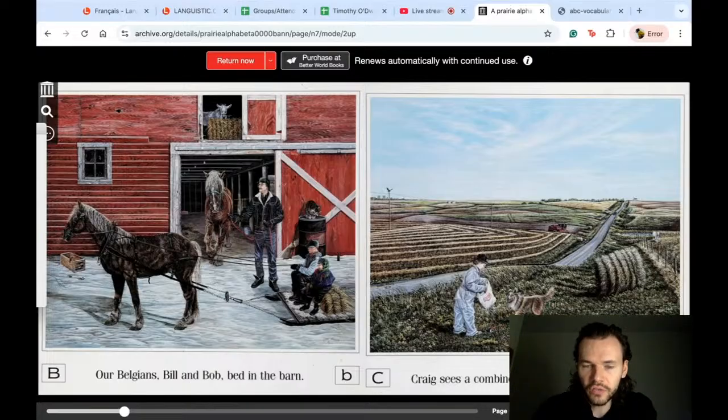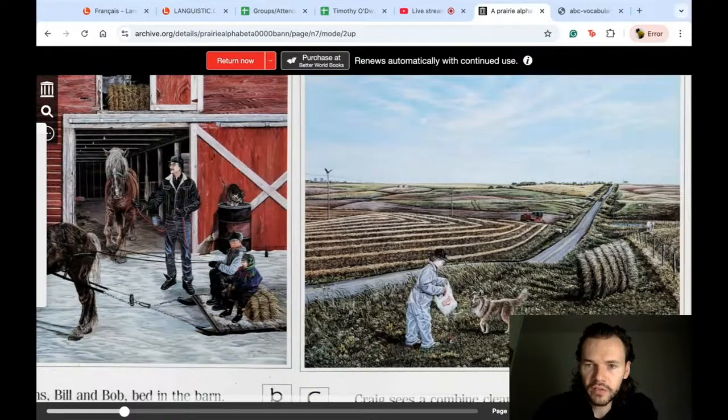C is for Craig sees a combine clearing a crop of canola. So Craig, we're talking about this boy right here, this person. That is Craig.